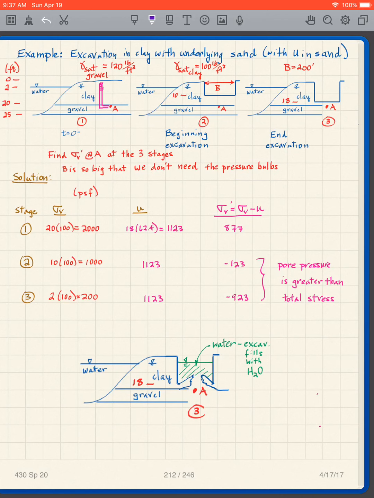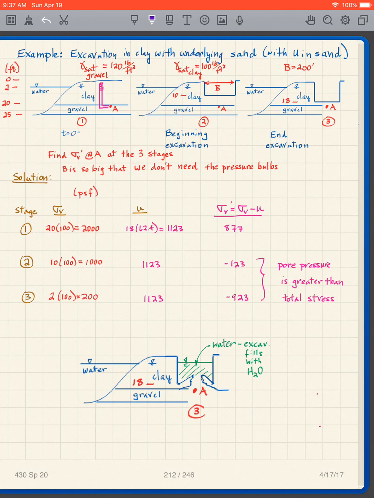So again, we look at our picture. This is stage 1. I'm looking at sigma v for A: 2,000. Why? Because I have 20 feet of saturated clay at 100, so 20 times 100, 2,000.